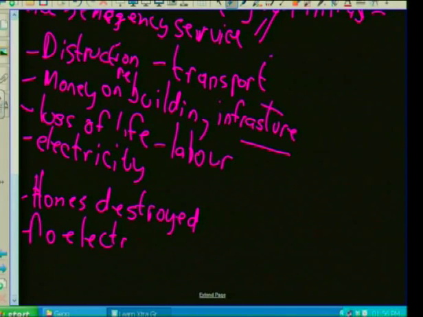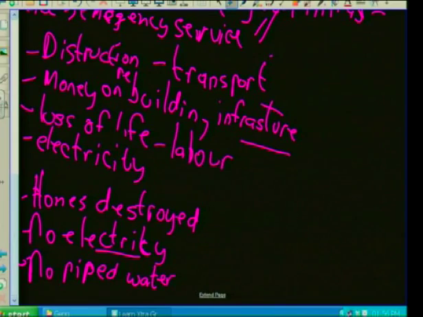So the living conditions, isn't that inconvenient? Again, I apologize for the spelling, but we would go on and we can talk about no piped water. So we could give various things related.